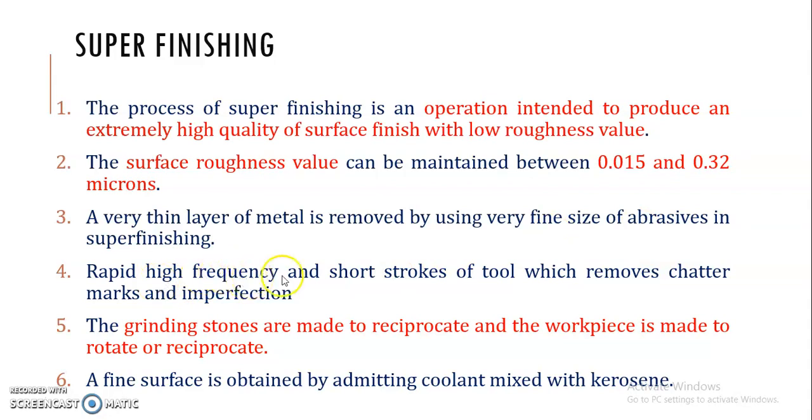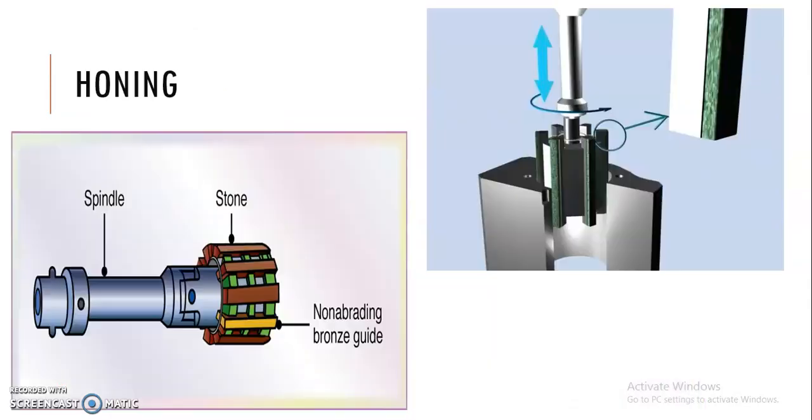Rapid, high frequency and short strokes of the tool will remove chatter marks and imperfections. What is the meaning of this? See here. As all of you know, a honing tool is reciprocating for the entire stroke length.